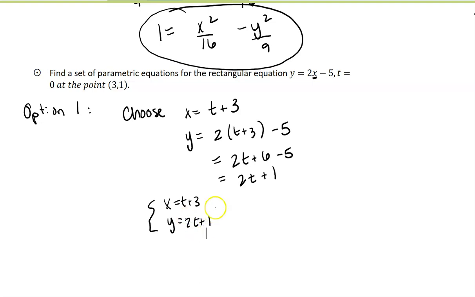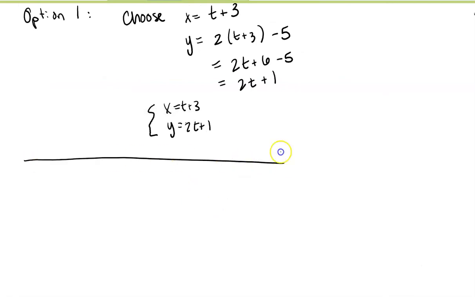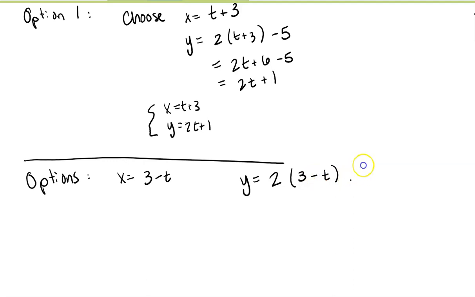Other options, you could choose x equal to, for example, 3 minus t. That would work also because when t equals 0, 3 minus t would be 3 minus 0, or 3. The only difference is you're going to have to adjust your y to accommodate for that. So y would be 2 times (3 minus t) minus 5 when we substitute.